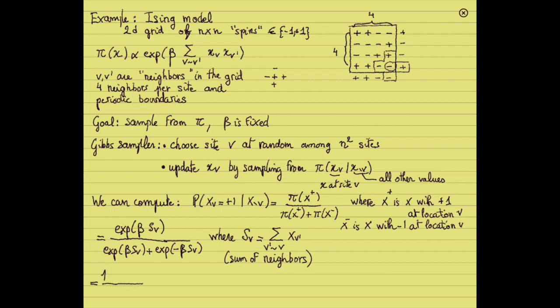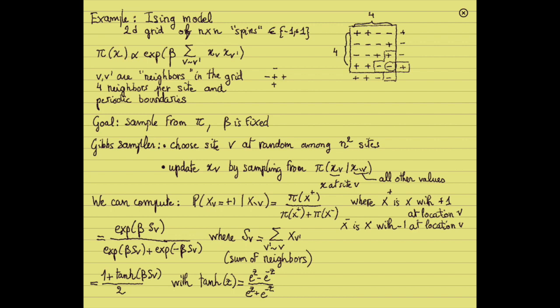And so this expression can be further written as 1 plus the hyperbolic tangent evaluated at beta sv, divided by 2, where recall that the hyperbolic tangent of z is defined as exponential z minus exponential minus z divided by exponential z plus exponential minus z.